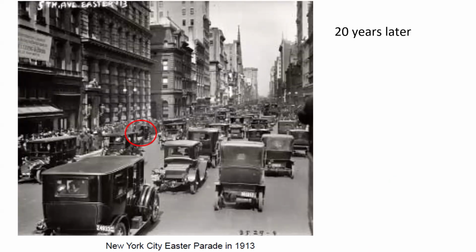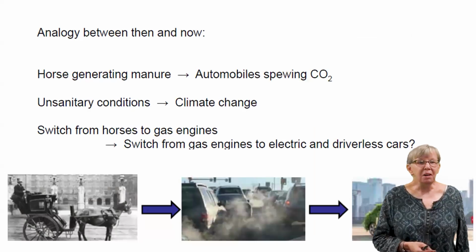They what? They just shifted the problem. Absolutely. Nobody knew about petroleum as a limited resource. They didn't know about air pollution and its impact on public health, right? They had public health problems with the horses too, but they absolutely shifted the problem.